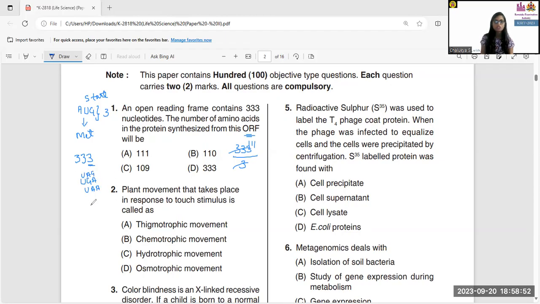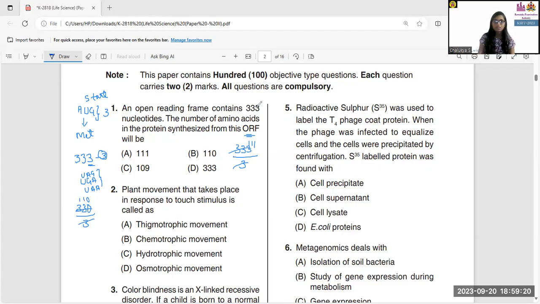Okay, so any one of the stop codons is there in these 333 nucleotides. So that's why 333 minus 3. So this 3 is what? That is the stop codon. So here 330 divided by 3. Because we have to leave the stop codon, because the stop codon does not code for any amino acid. Okay. So 3 elevens are 110.